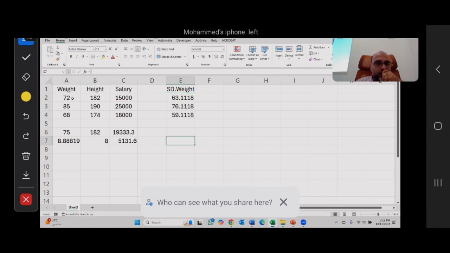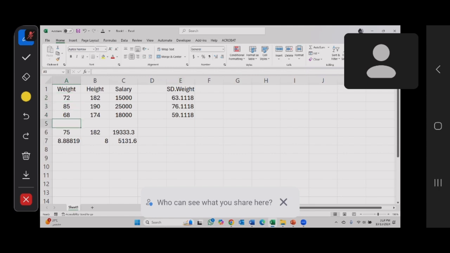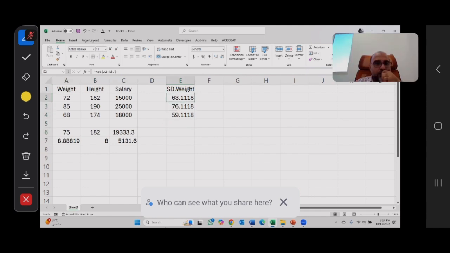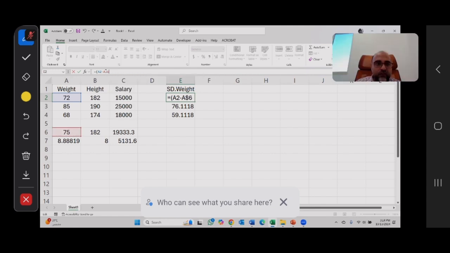Do you know what is the weight now? 72. What is the average weight? 75. So what you have to do here is take this weight minus the average weight, which is 75, and then repeat this.